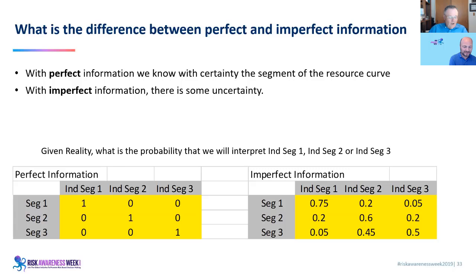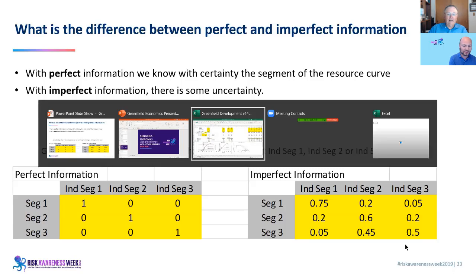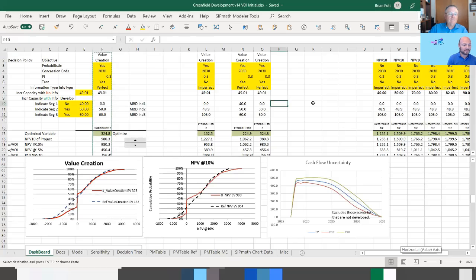Okay, so let's come back to this model again. Now you ask the question, what if we looked at imperfect information? It changed so fast I didn't even see it.